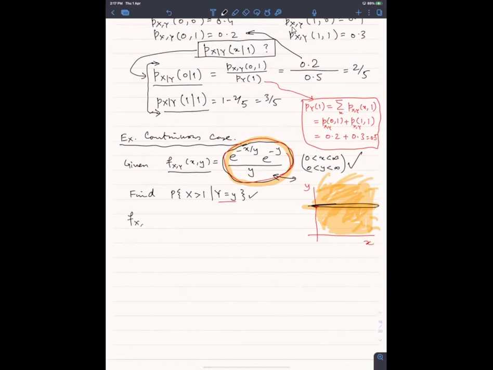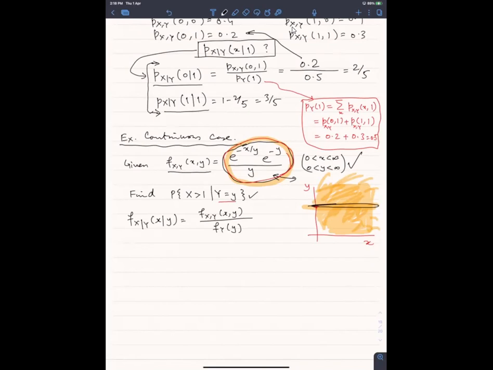The standard way, as we had written before, is that the conditional distribution of x given y is given by f_xy(x, y) divided by f_y(y). Joint divided by marginal. So conditional is equal to joint divided by marginal.